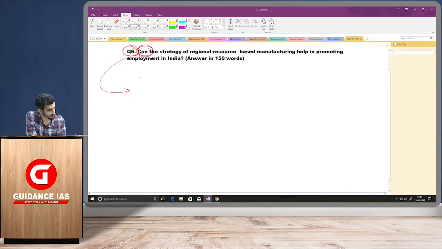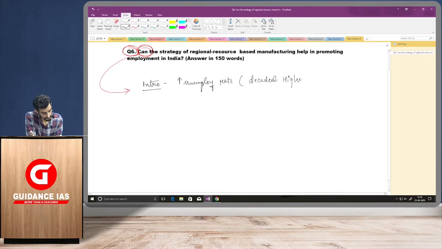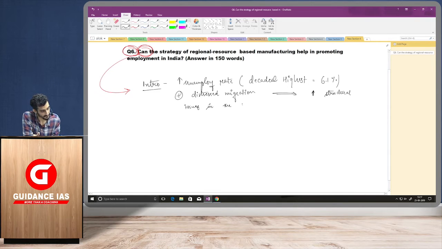Again, with respect to the introduction, we can write an introduction by giving that the rising unemployment rate, like decadal highest in India, decadal highest is around 6.1%, plus distressed migration can be seen in India, and this is basically pertaining to the high structural issues in the manufacturing sector.